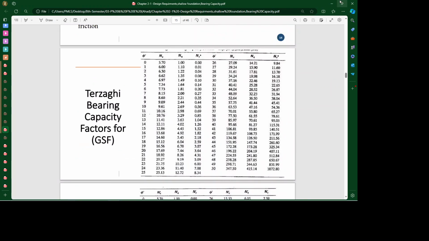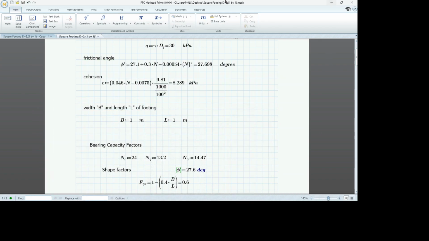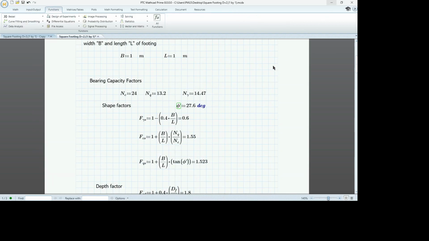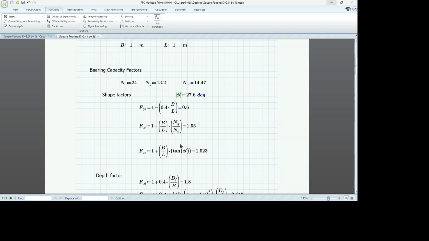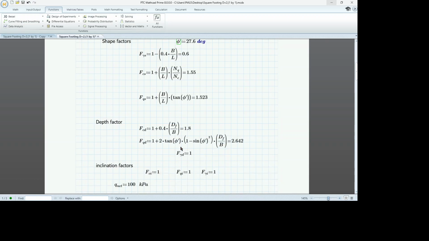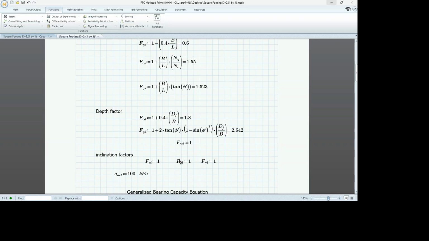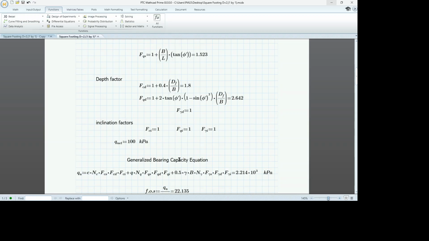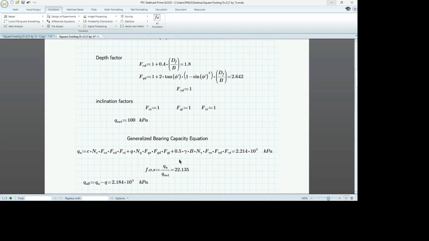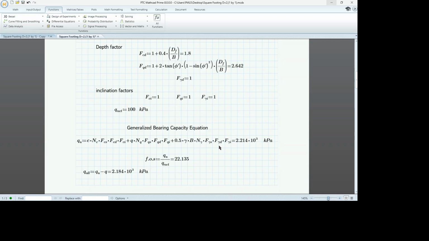You can choose NC, NQ, and N gamma from your own tables, and the shape factor based on these formulas, the depth factor and the inclination factor. As the load is applied axially on the foundation, and the net pressure assumed, as given by the instructor, was 100 kPa, we used the general bearing capacity equation, and this comes out to be 2.2 into 10 raised to 3 kPa.